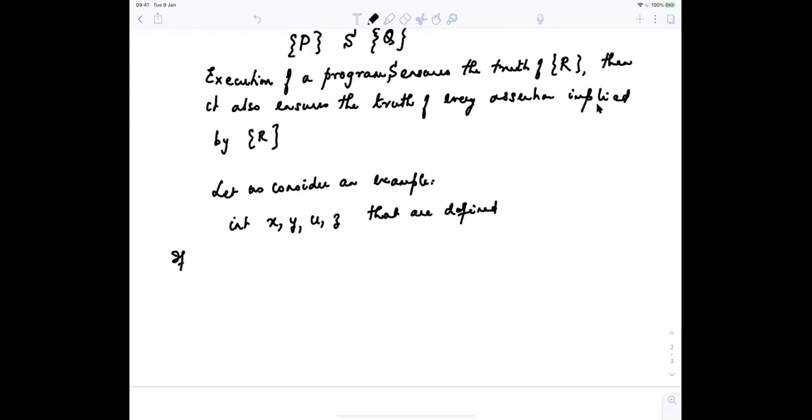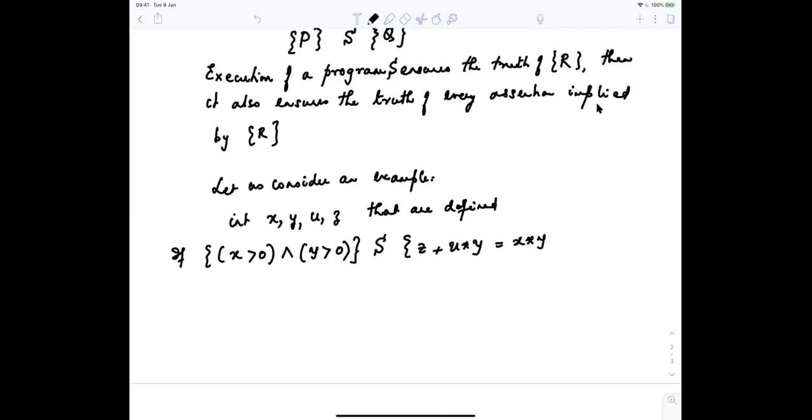Then, if we have this precondition, x greater than 0 and y greater than 0, and a statement is executed, and if we can assert after the statement is executed that z plus u star y equals x star y, and u equals 0.